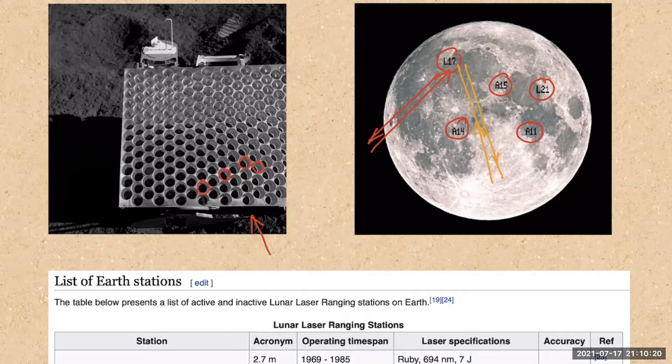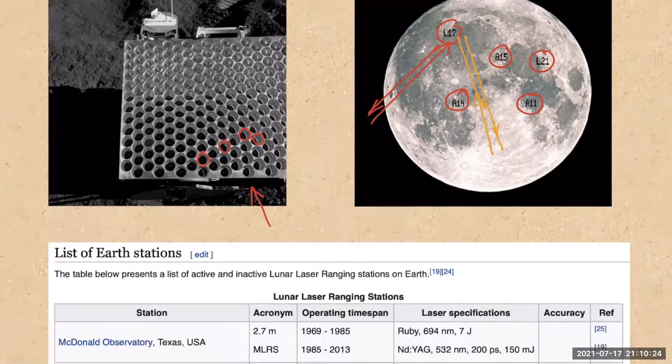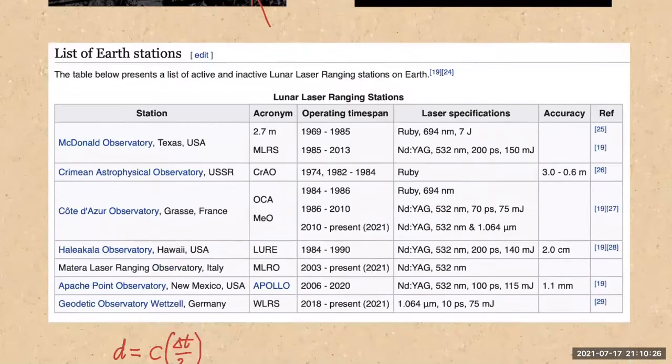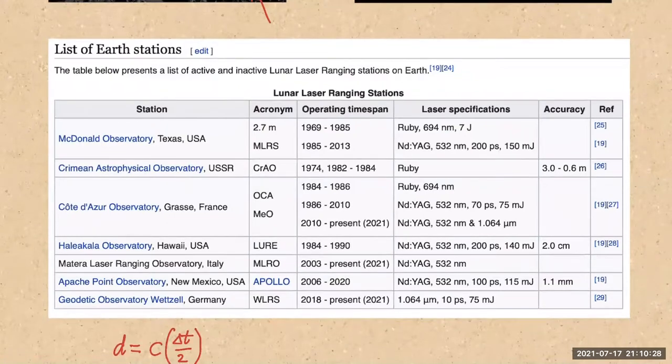Okay, and we can measure the time delta t precisely, so we can measure the Earth to moon distance to a high degree of accuracy. Here is a list of some of the Earth stations that send and receive laser beams to measure the Earth to moon distance. For example, the first one is based in Texas, and it was in operation during these 2 time periods, and so on.